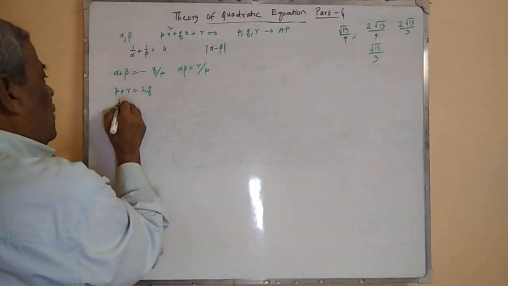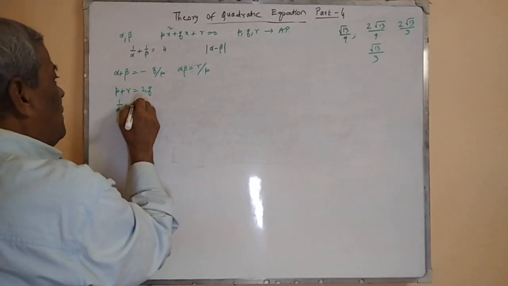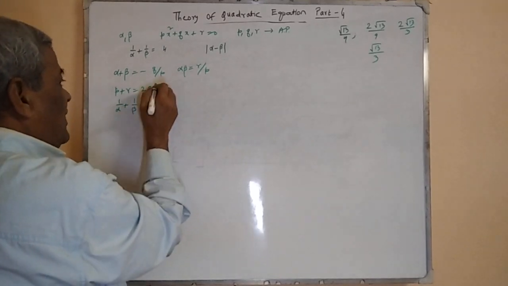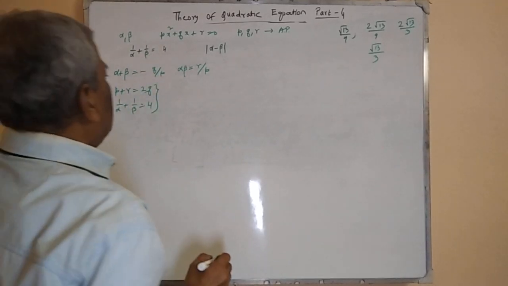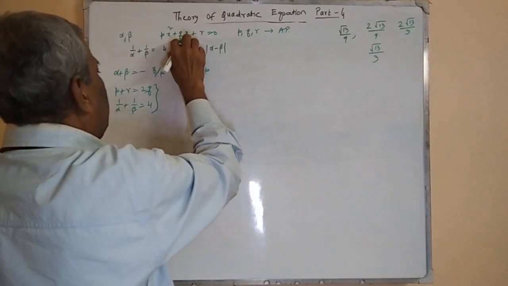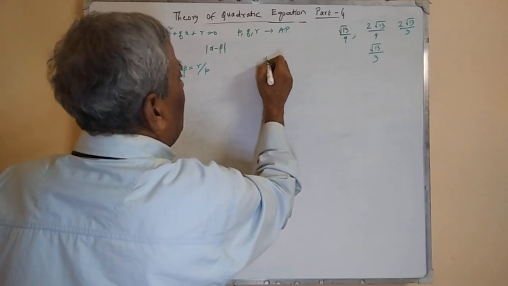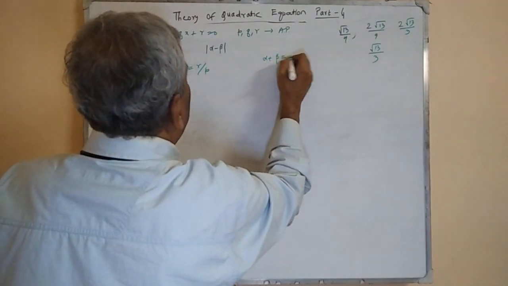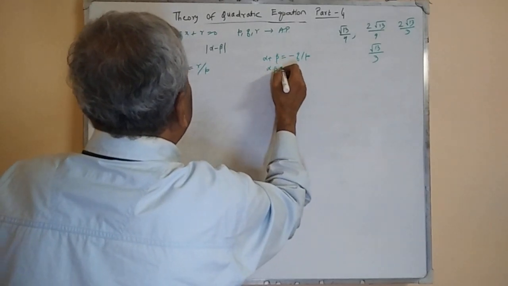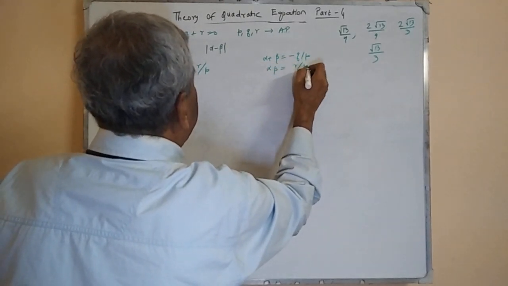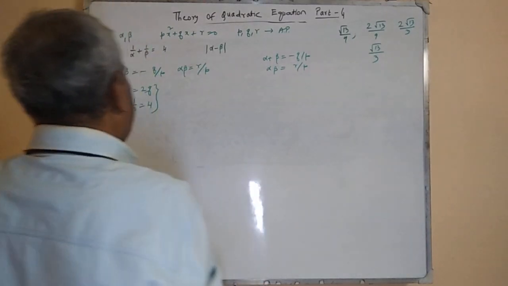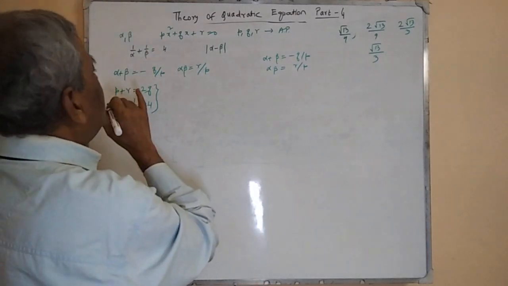Moreover, 1 by alpha plus 1 by beta is equal to 4. So from there we get alpha plus beta is equal to minus q by p, alpha beta is equal to r by p. That's okay.